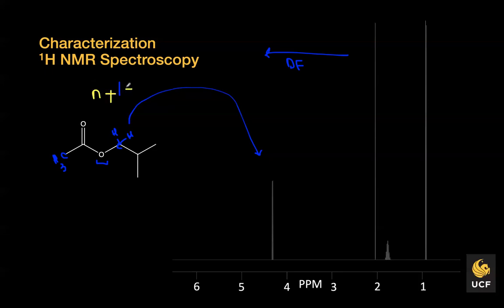Where n is referring to neighboring protons. Well, one bond away to the left, it's simply attached to an oxygen, whereas one bond to the right, there is a carbon, and this carbon is attached to a hydrogen. Okay, so then n is the neighboring proton. So n in this case is 1. So we say 1 + 1, which is 2, meaning that that peak should be a doublet, right? So that's one way to confirm as well that it's a doublet.